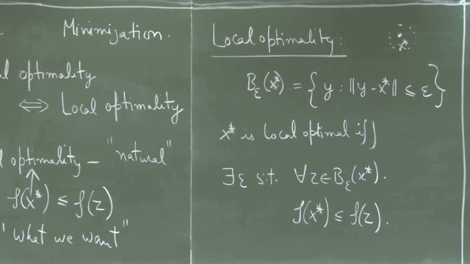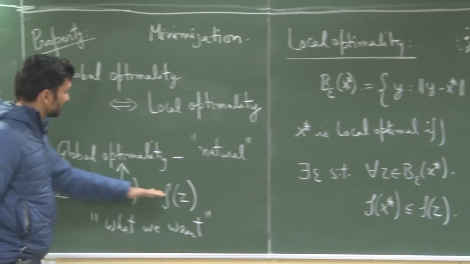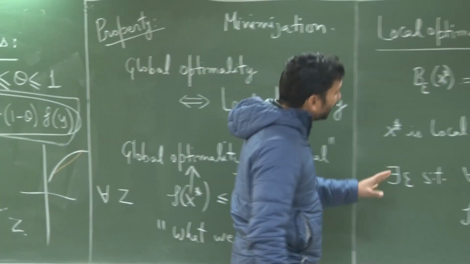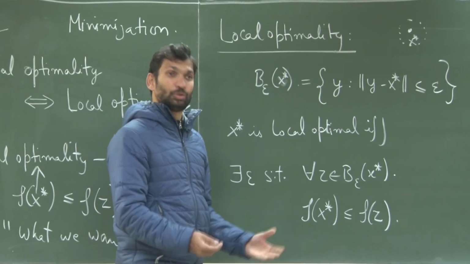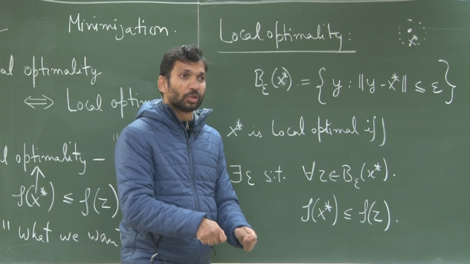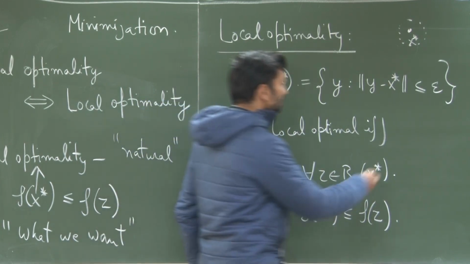Okay. So, global optimal is when f of x star is less than or equal to f of z for all z. This is what we want, and if you think about it, this is what is easy to find, in the sense that we only have to check a local neighborhood to find out if the point is optimal. This means this is easy to find.